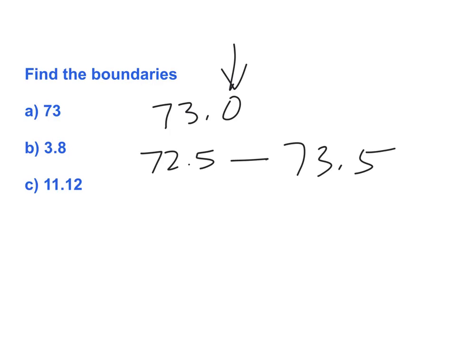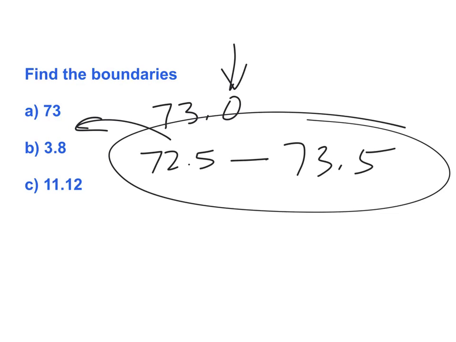Even though we know it can't actually be 73.5 because if it was, it would round up to 74. So for the boundaries for 73, we go up all the way to the next digit. And part of that has to do with the definition because it ends with a 5 every time. This is the boundary for 73.